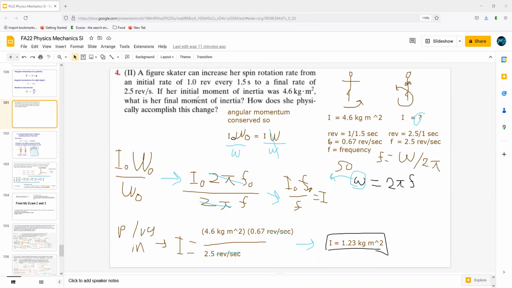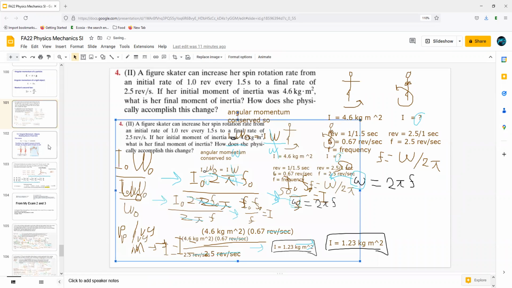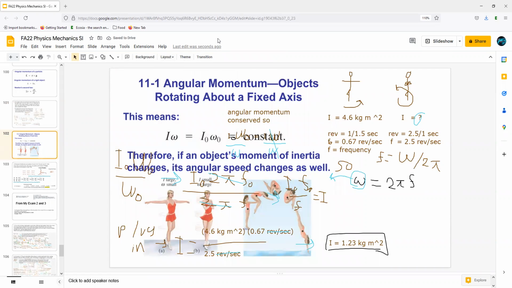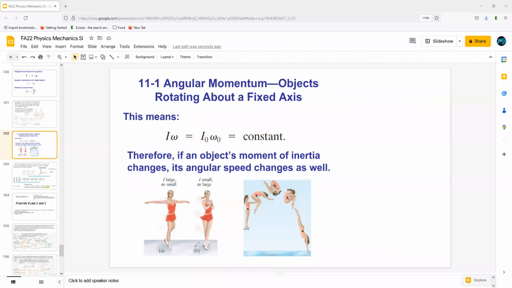And then how does she physically accomplish this? She pulls her arms in. Cool. I think this one was just to show you that when you pull your arms in, because this was from the class, angular momentum is conserved in that case.